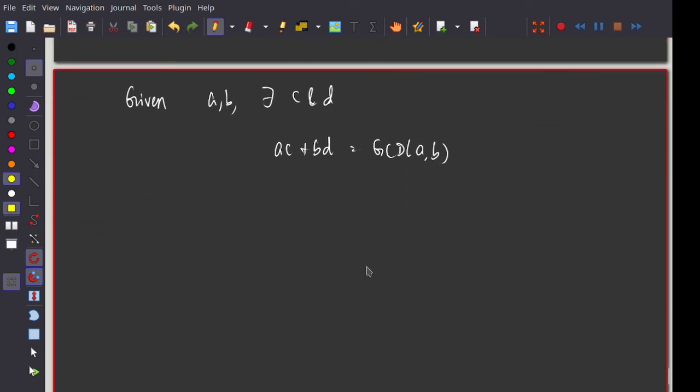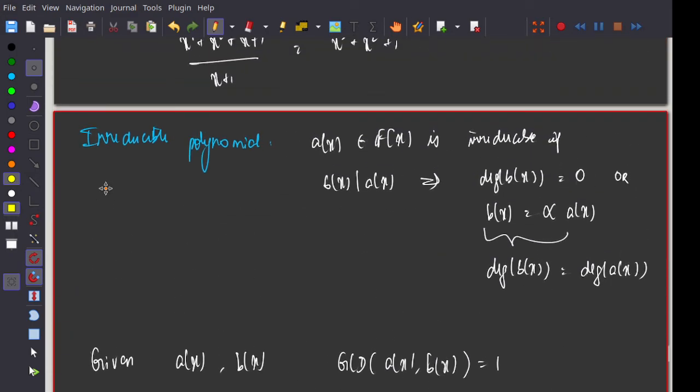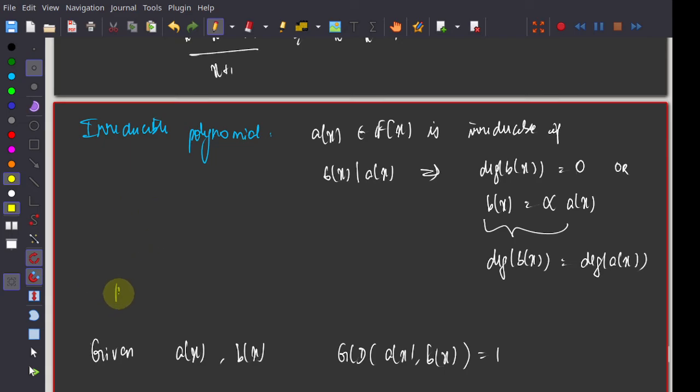Okay, so let's look at, can you give me some examples of irreducible polynomials? Take a field. Let's take the field of real numbers. Can you give me some irreducible polynomials?